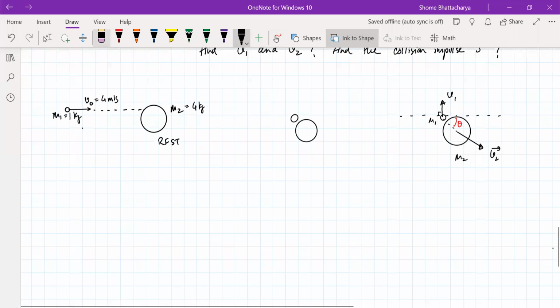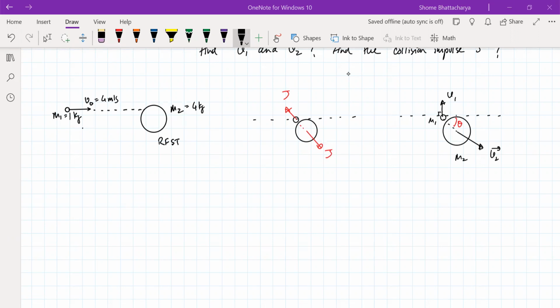So obviously when they come in contact, there is a collision impulse that acts along the center to center line. Okay, so let's work this out.